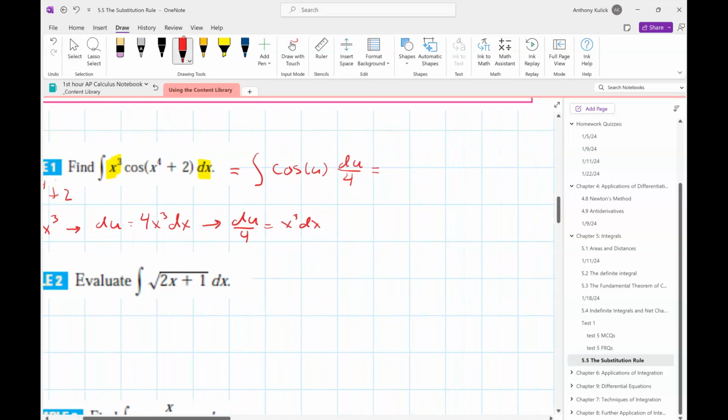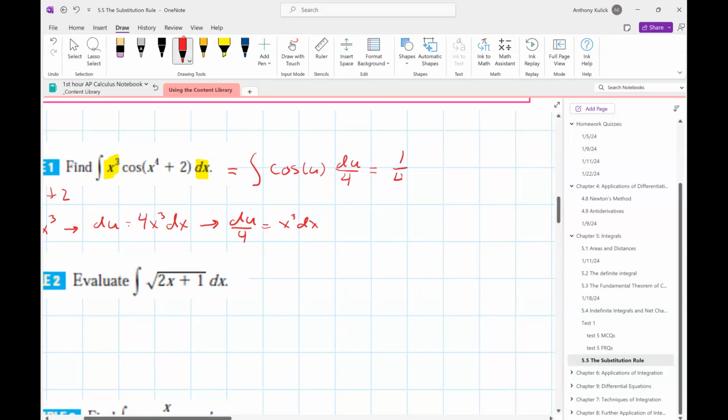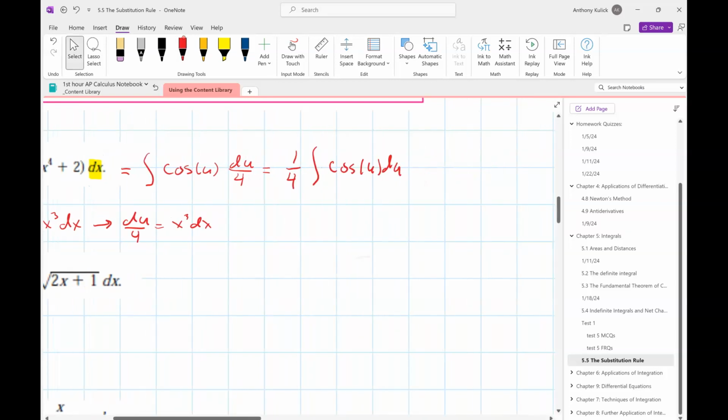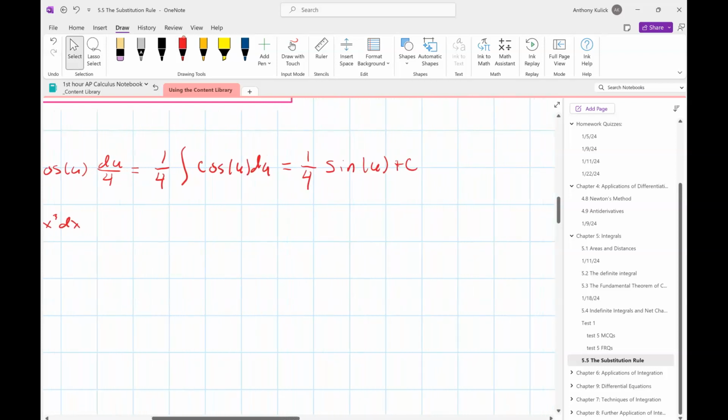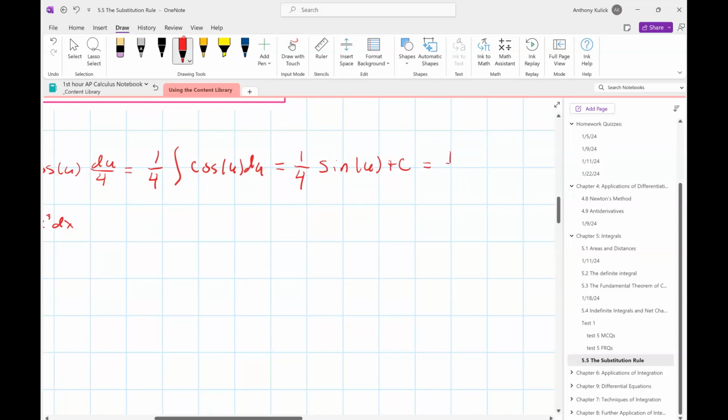Now let's pull that 1/4 out to the front. And what's the integral of cosine u du? The antiderivative of cosine. Sine. And then now all we have to do is put our u back in.